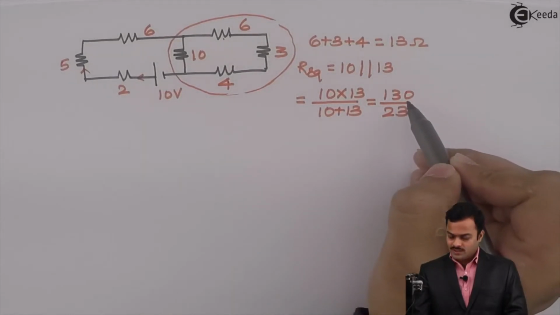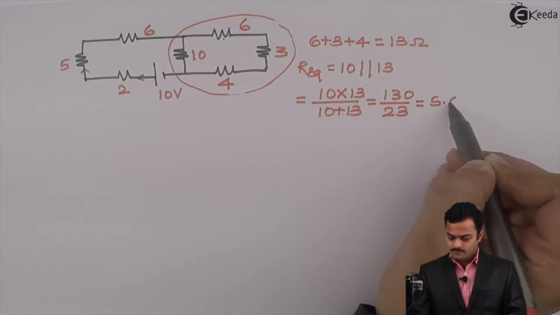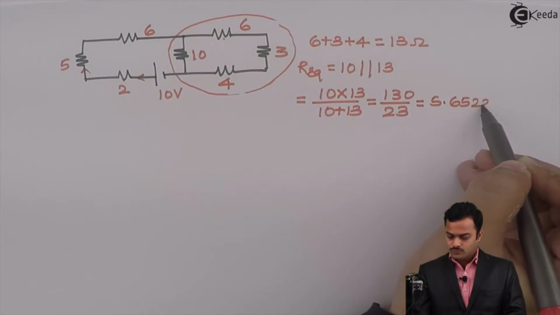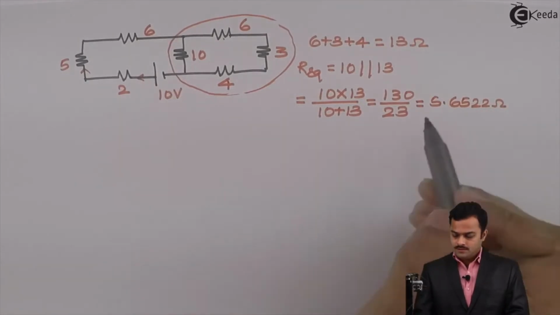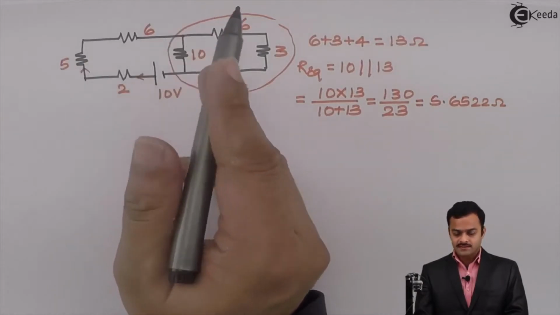So I will get 130 divided by 23, which is nothing but 5.6522 ohm. This resistance will come in series with this part of the circuit.